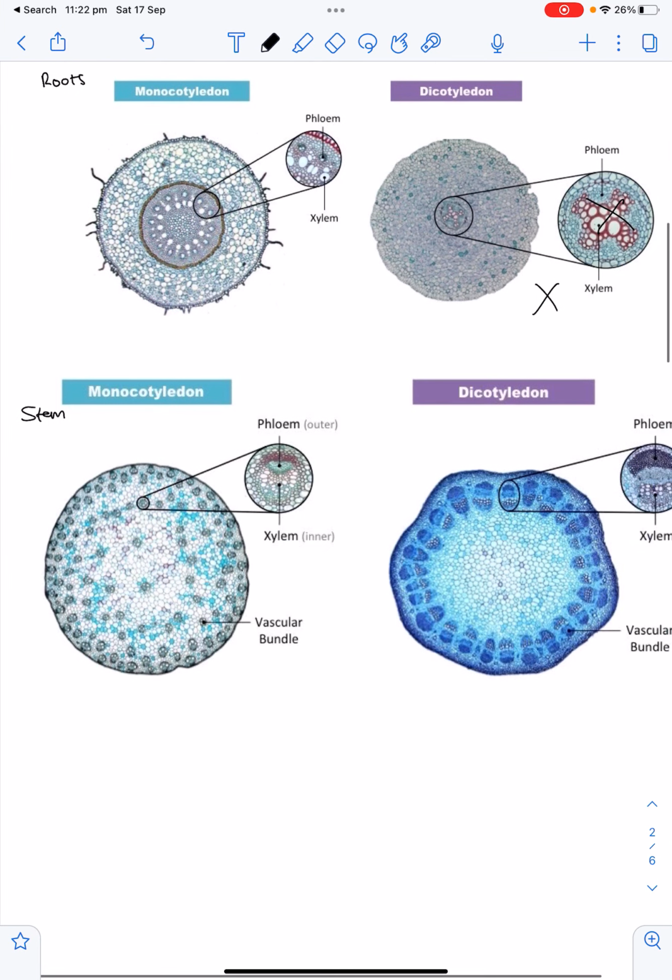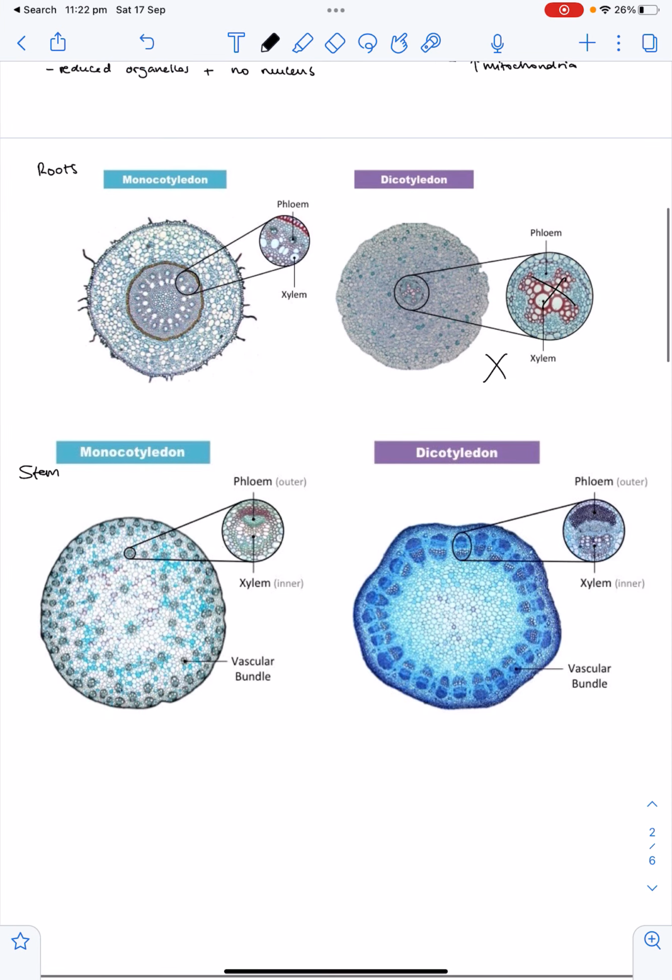Let's move on to the structure of the roots and stems in a monocotyledon and a dicotyledon. Again, this is just something that we need to know how to do in this topic. So it's always important to remember that for the roots and the stems, the xylem is always on the inside and the phloem is always on the outside. As you can see here, xylem is inner, phloem is outer.